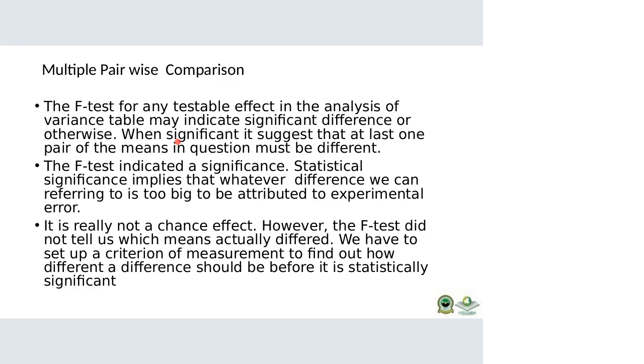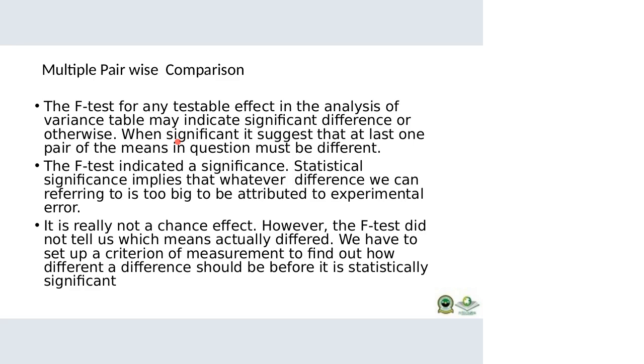One being higher than the other does not mean that they are different. So pairwise comparison enables us to group these means, know the ones that are superior and the ones that are less superior, and kind of ranking. This pairwise comparison helps us to rank only the significant means.